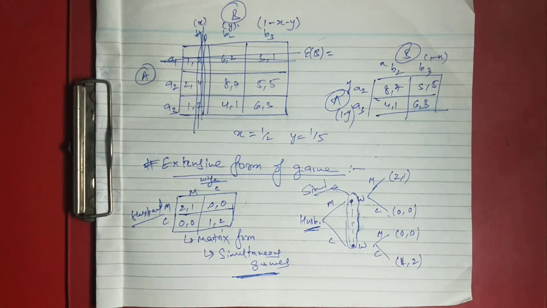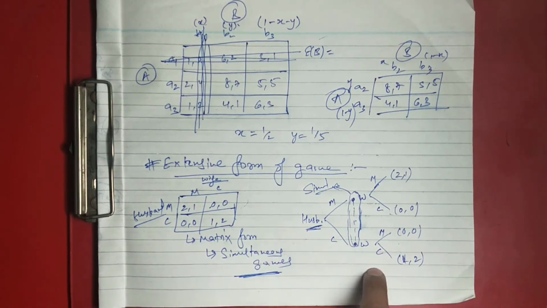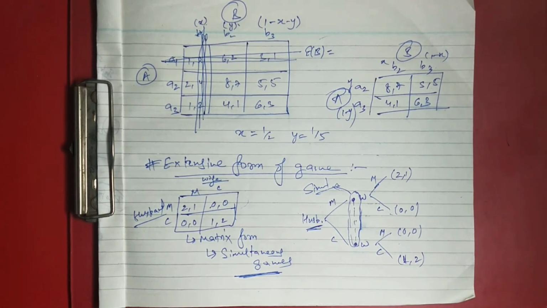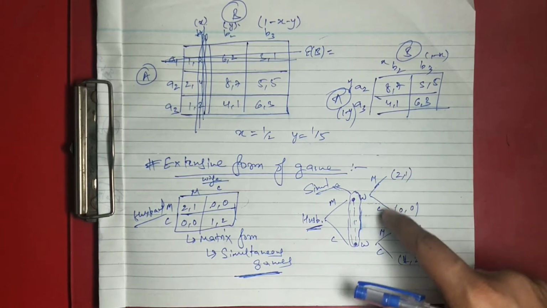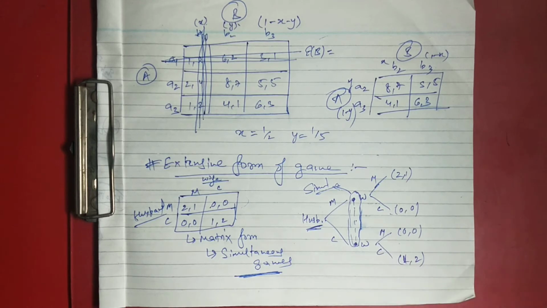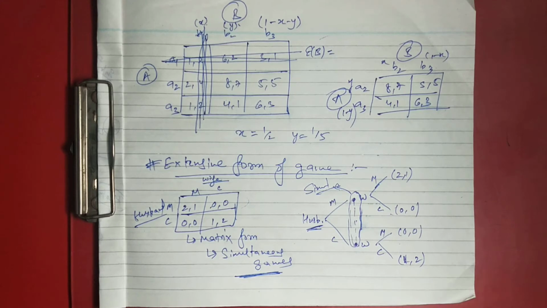So the action proceeds from left to right. Each node represents the decision point of the player. The first move belongs to player A, which is husband in our case, and he must choose whether he wants to go for movie or concert.